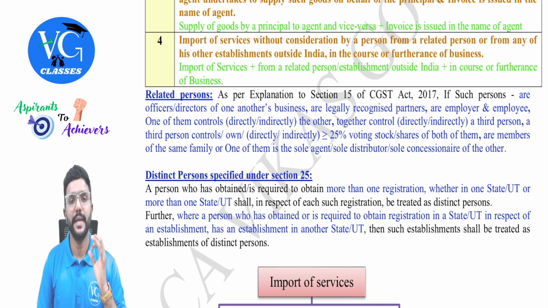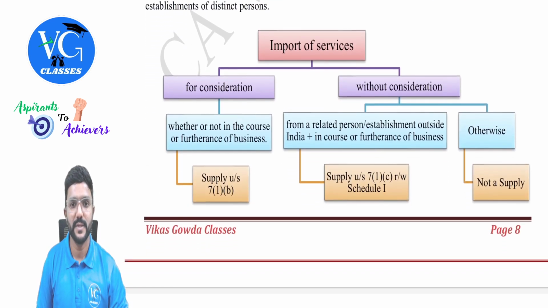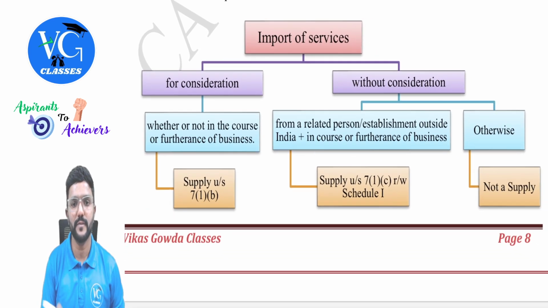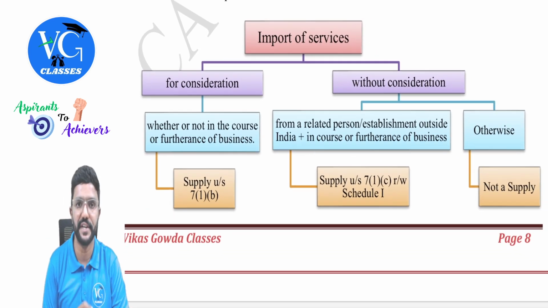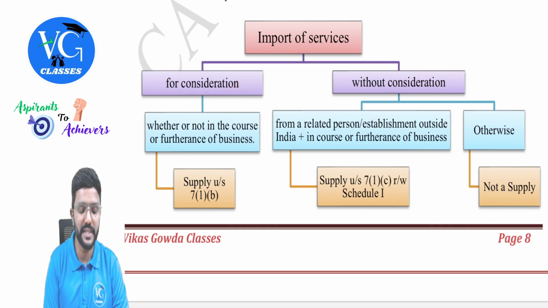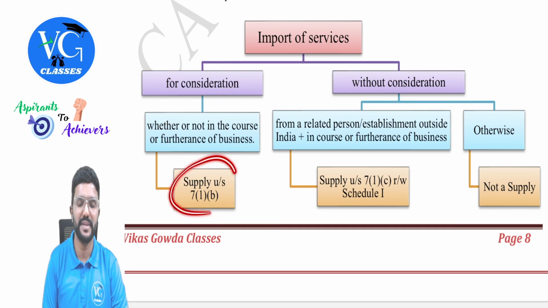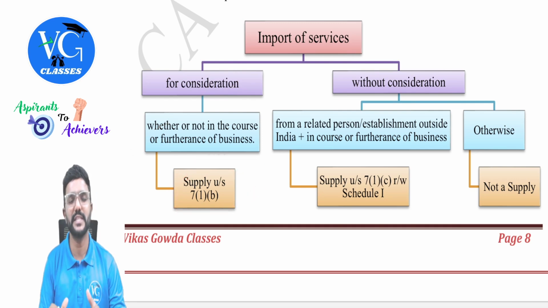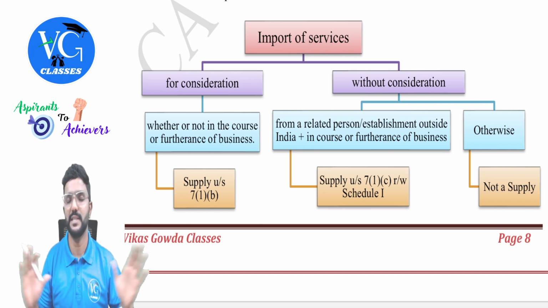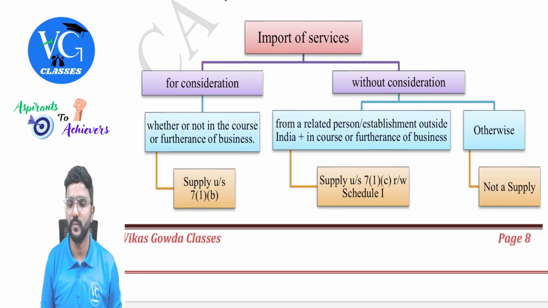Got it? And import of service is covered in two provisions. So that is why I made one simple chart for it. Guys, whenever there is an import of services, the first thing you have to check is whether consideration is there or not. When there is a consideration, it will be a supply as per 7.1b, irrespective of why the service is taken, whether for personal or business purpose, doesn't matter.